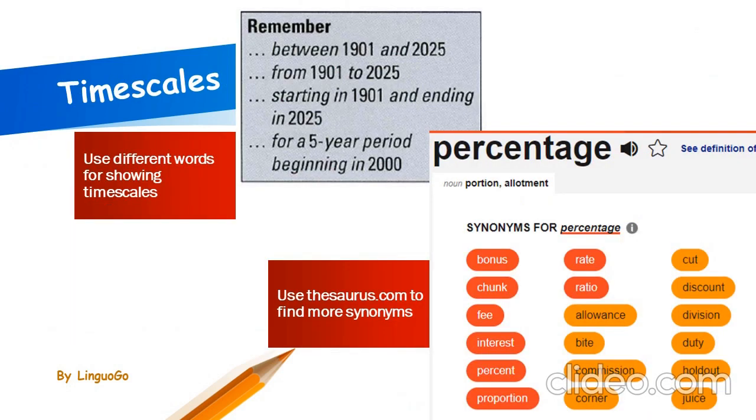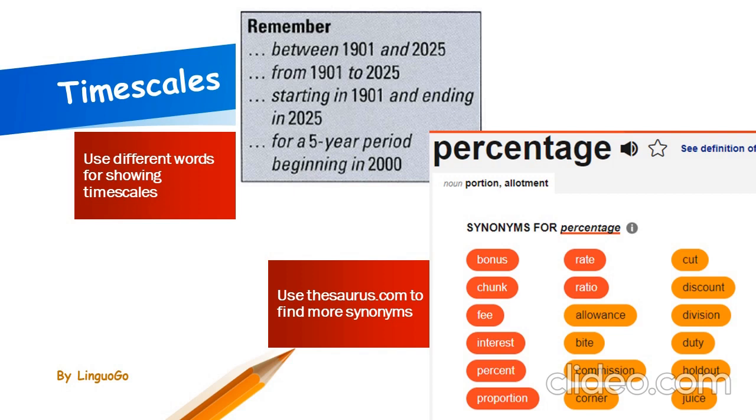No, not all. This is the last slide, sorry. So when you give the time scales, here I gave you some options for how you can present the time scale. For example, between and this, from to this, starting in and ending in. Or for a 5-year period.